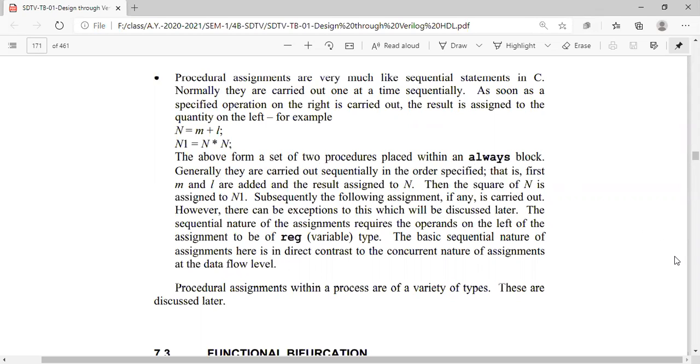That is, first m and l are added, and the result is assigned to n, and the square of n is assigned to n1. So n multiplied with n is a square, right? Subsequently, the following assignments, if any, are carried out, or there can be exceptions which will be discussed later. Okay.